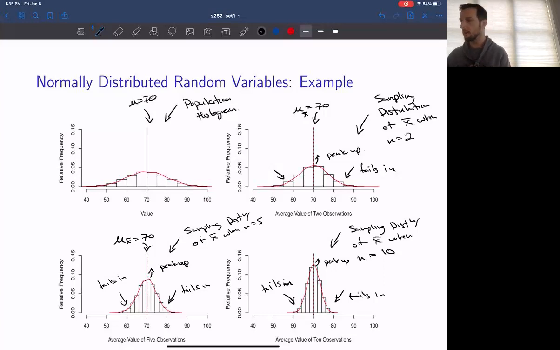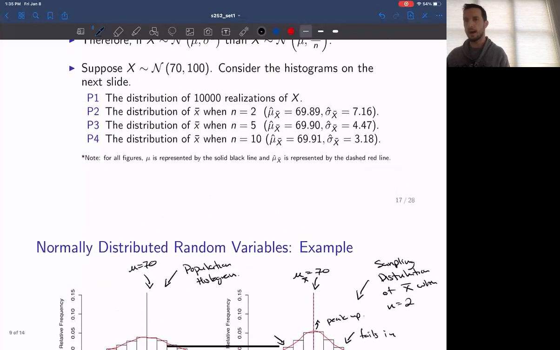In this particular illustration, I just declared n beforehand, just for illustrative purposes. Does that answer your question? Okay.